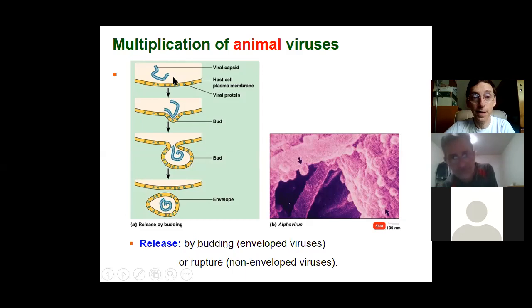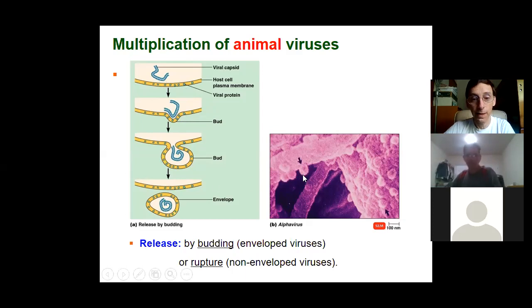If this cell dies, usually it's because the host immune system recognizes that it is infected with a virus, and then the host immune system kills this cell. A virus that follows the budding life cycle generally does not kill the host cell it has infected.